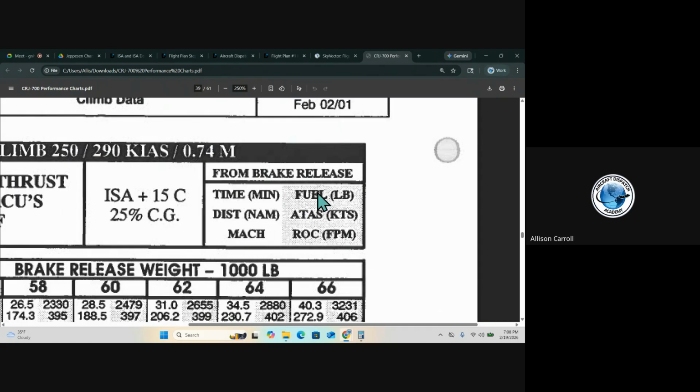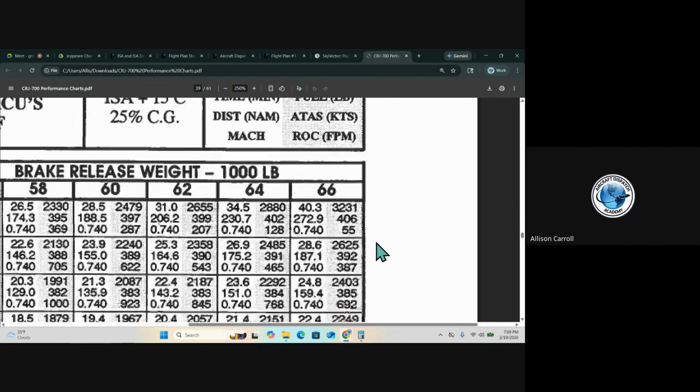We have our fuel burn, and we have our true airspeed, and then we have a rate of climb. Out of these 6 specific numbers, we only really need 4 of them, to fill out our climb portion. We're going to need time, distance, fuel, and true airspeed. Okay, don't worry about Mach or rate of climb.